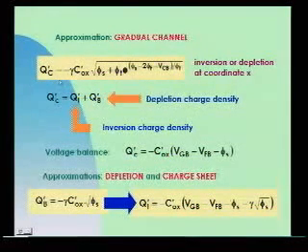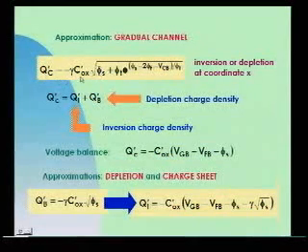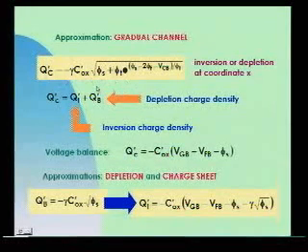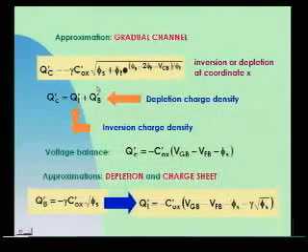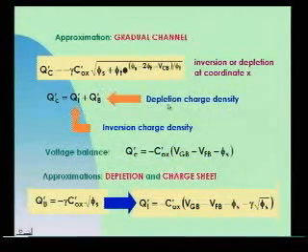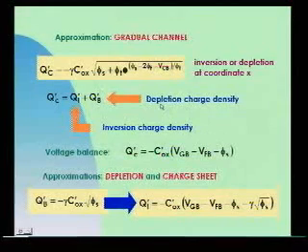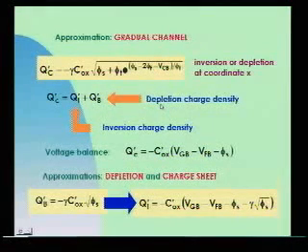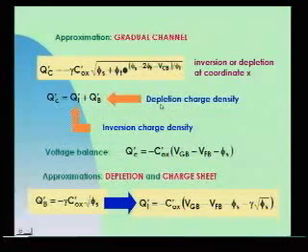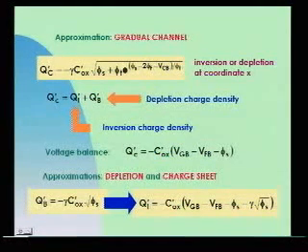As I'm considering only the inversion regime, I omitted the contribution of the holes. That's very small. It's negligible here. But the drain current is directly related not to the semiconductor charge, that has a depletion component and an inversion component.